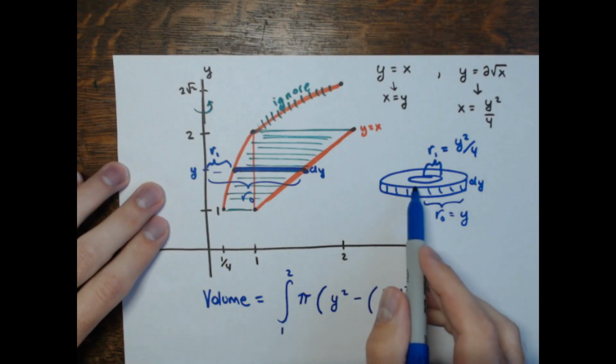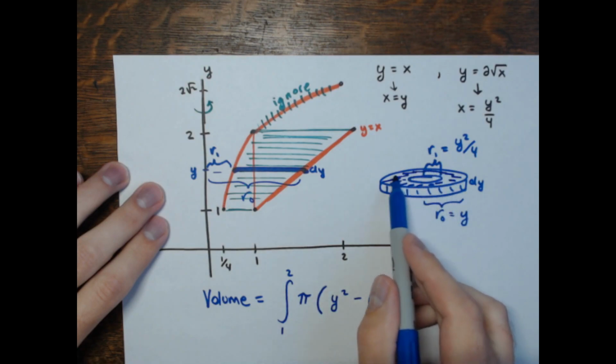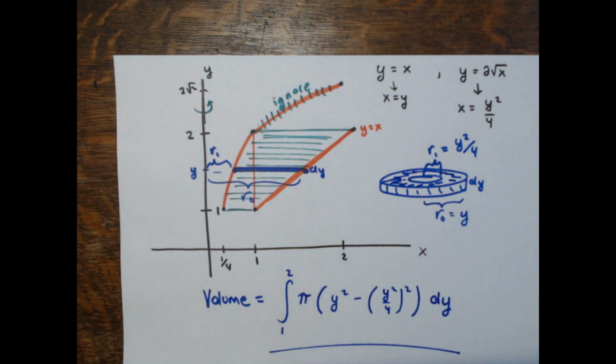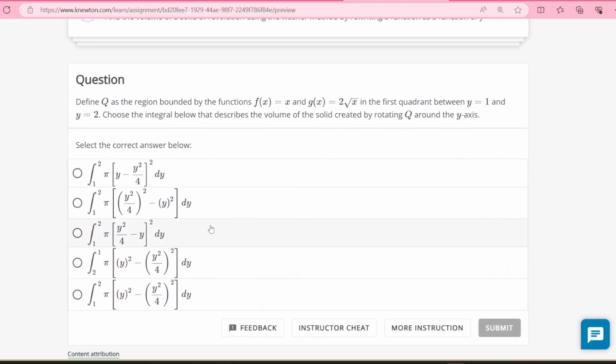This gives me the area of the face, the ring, and then times the thickness, dy. And just like the last few examples, this is all I want: the setup of the integral. So that's looking like this last option here.